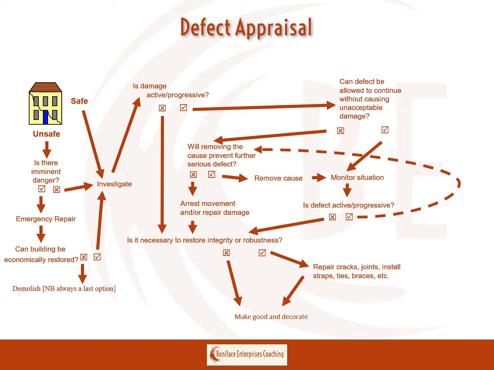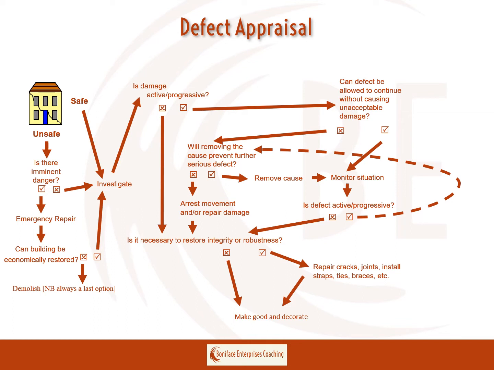Now, this is a more difficult matter to assess, but if the answer is yes, then it might be appropriate to simply monitor the situation to see what happens next, bearing in mind that quite often when we first see a building, it may be the first time we've come to that building, and we may have no record of past works or any proper understanding of what has gone before. And therefore we need to undertake that appraisal and assessment for ourselves that could involve simply monitoring the situation to see what is really happening.